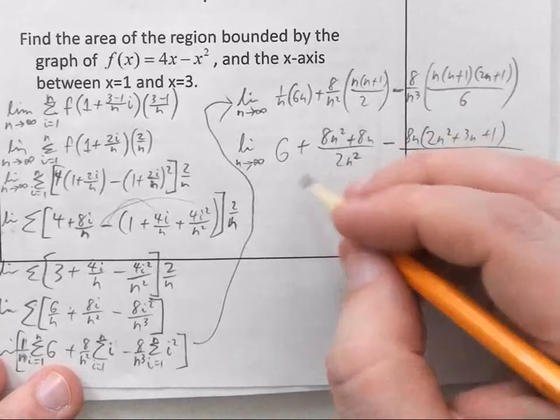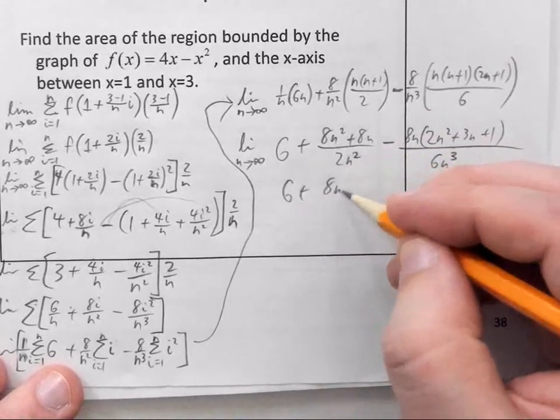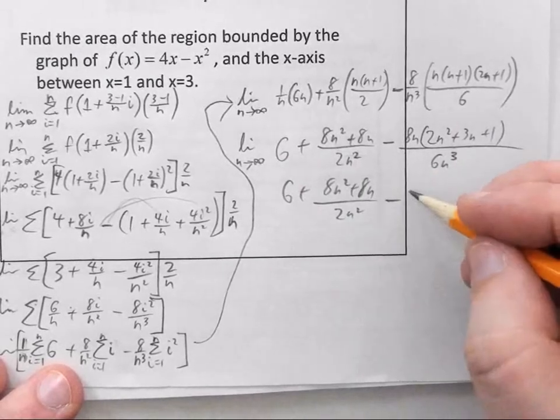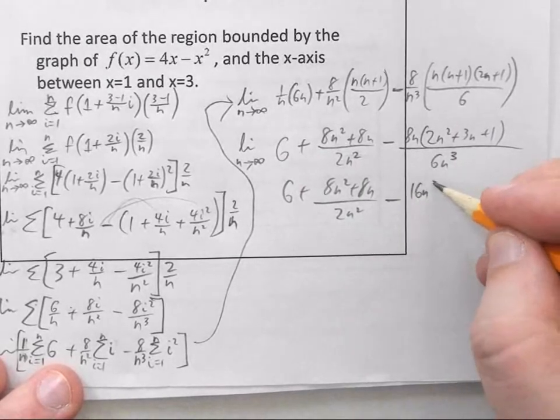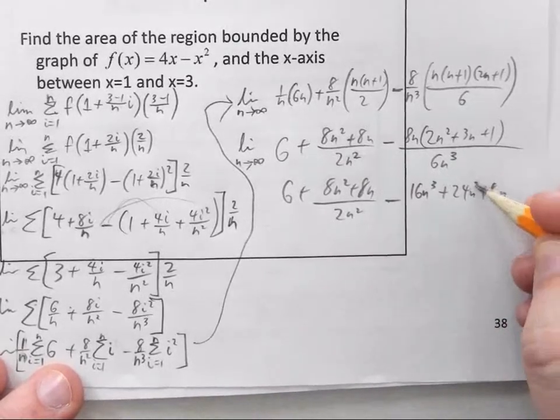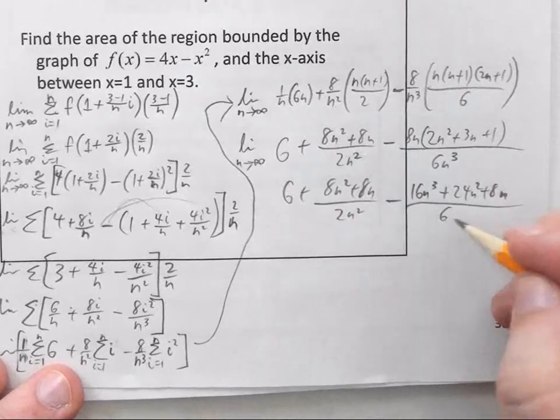Distribute that through the top. That's going to give me 16n cubed plus 24n squared plus 8n over 6n cubed.